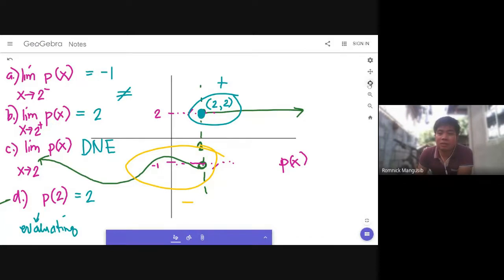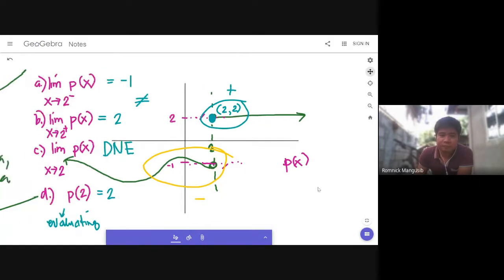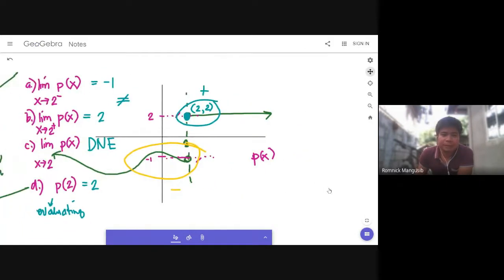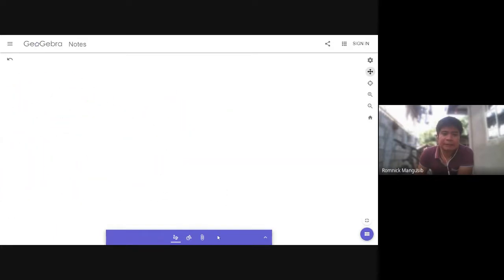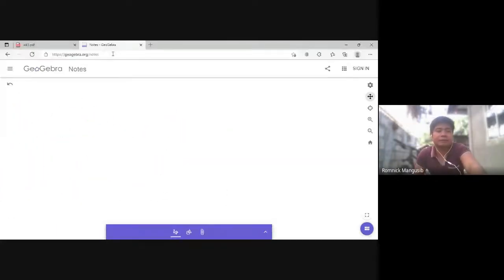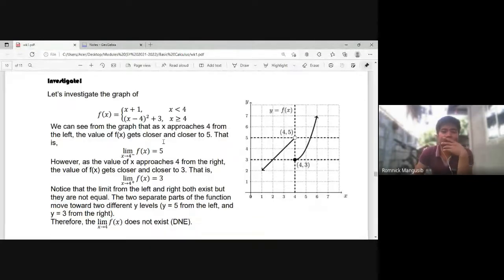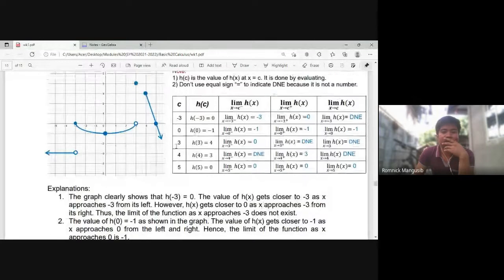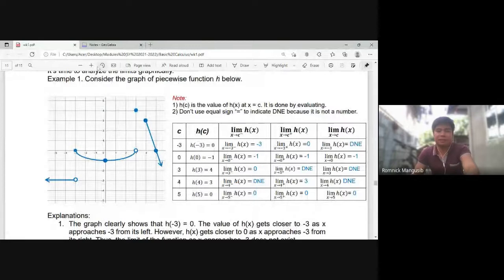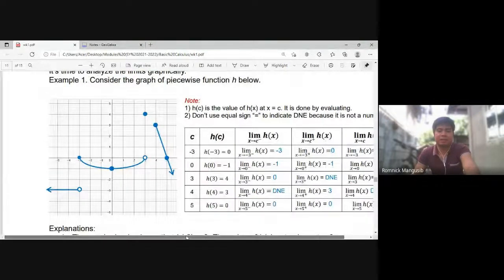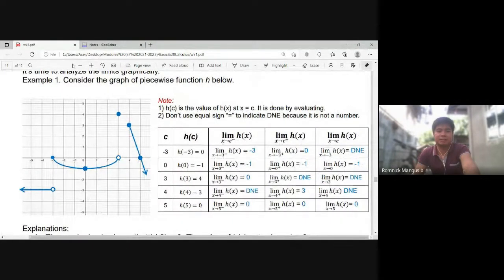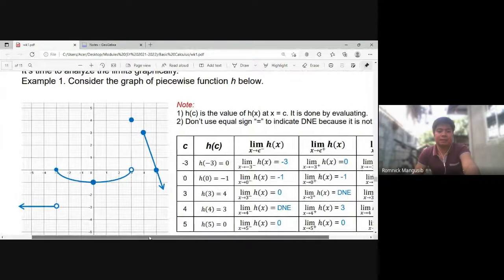Okay? So here. Saan na tayo? Okay, gusto kong pumunta dun sa dito. Dito sa examples natin. Bakit ganyan yung sagot? Okay? Ayun, nakita akong equal sign.